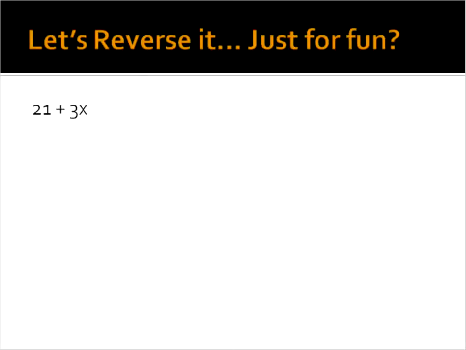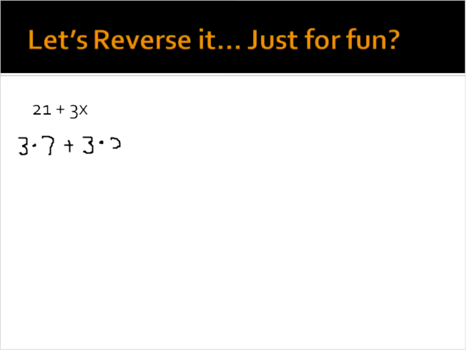And the distributive property can also work in reverse. You probably won't use it this way nearly as much, but just for fun. When you get two numbers like this and they're added together, you could factor both of the numbers, so we'll get the prime factors of all of our terms here. 21 is the same as saying 3 times 7, and 3x is the same as saying 3 times x.